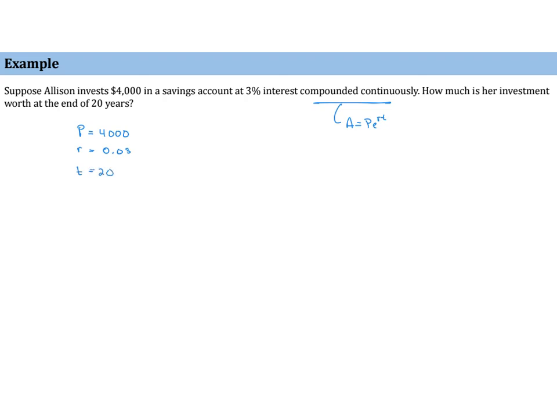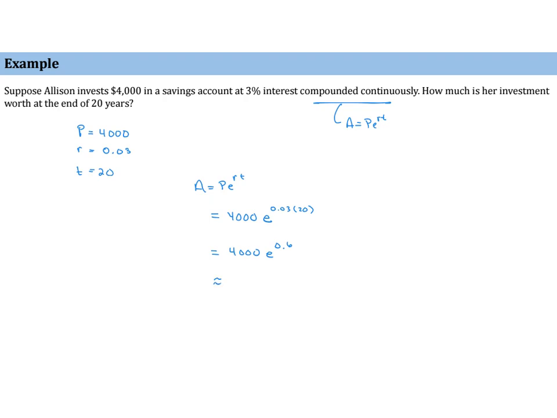It's 20 years. So A equals P e to the rt becomes 4,000 e raised to the 0.03 times 20. So let's simplify that exponent. We have 4,000 e to the 0.6.